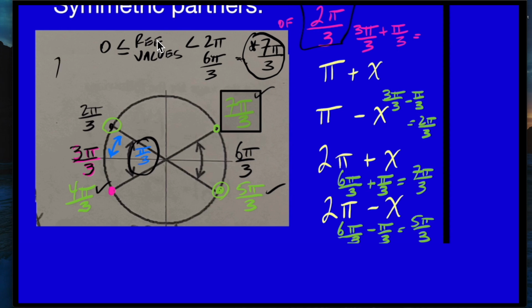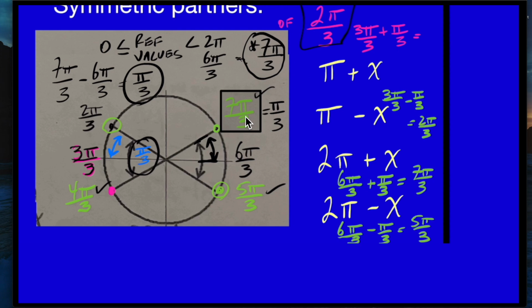So if we take 7 pi over 3 and we subtract 2 pi, which is the period of the unit circle, 2 pi is the same as 6 pi over 3. The symmetric partner that is within the reference values would be pi over 3 instead of 7 pi over 3.